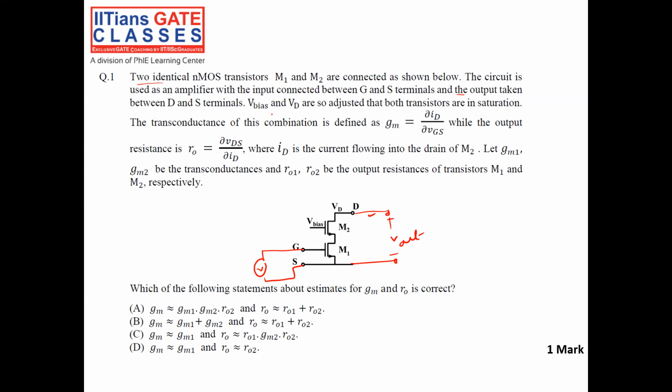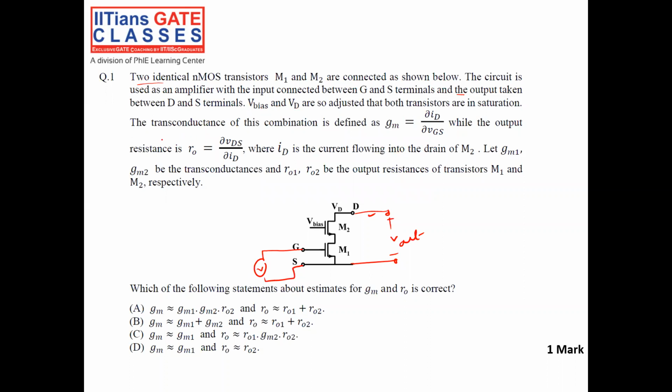V bias and VD are adjusted so that both transistors M1 and M2 are in saturation. We know for a transistor to act as an amplifier, it should be biased in saturation, and that is done by V bias and VD.